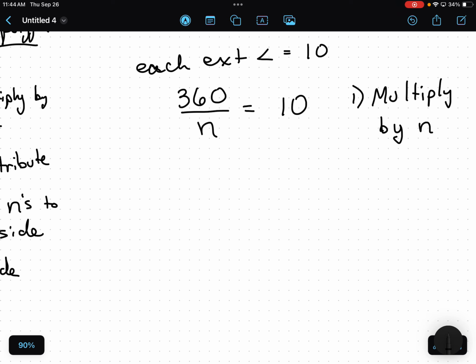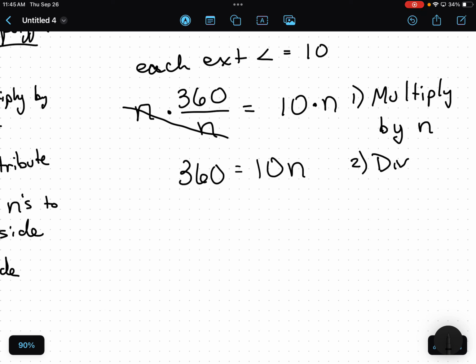You want to get rid of that n. So let's cancel. And then the second step is divide. So we're going to divide everything by 10. So n equals 36. So if it gives you the exterior angle, that's a lot faster than the interior angle.